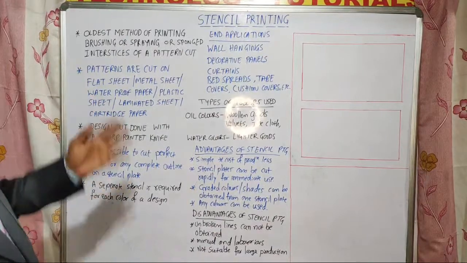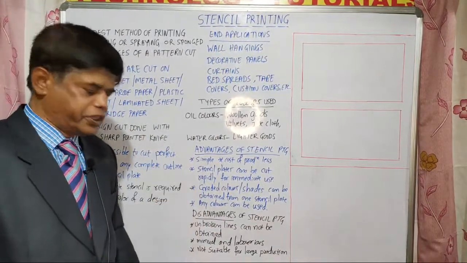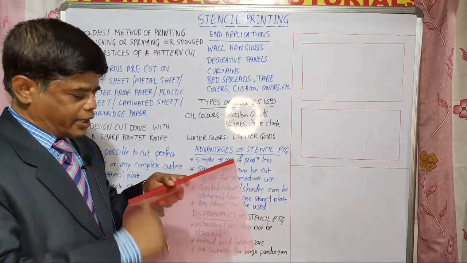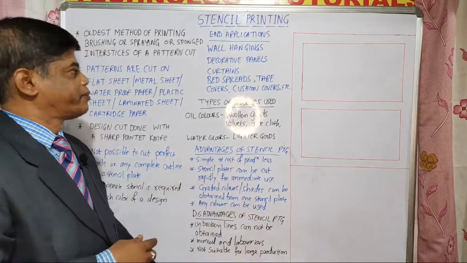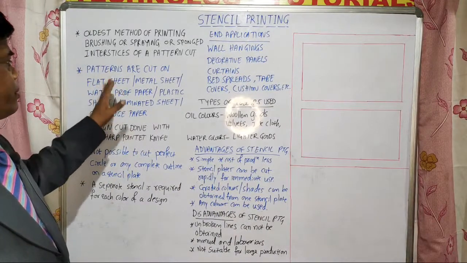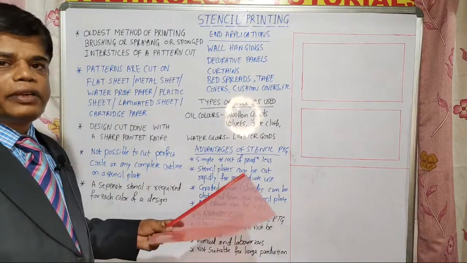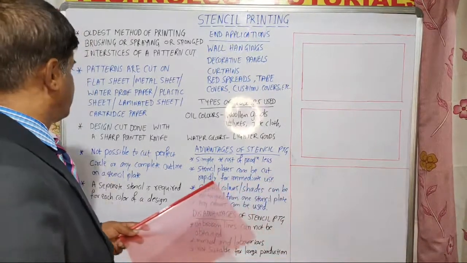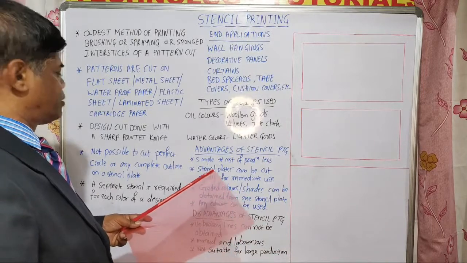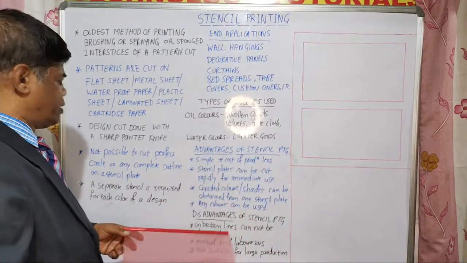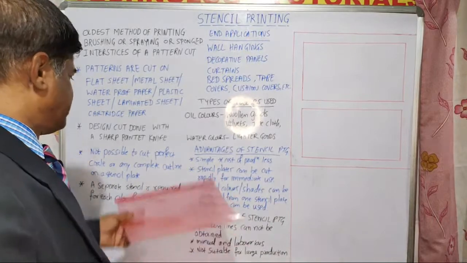Brushing and spraying: designs are carved by cutting on a thin sheet of paper, and brushing is done. Second, patterns are cut on a flat sheet, which may be a thin metal sheet, copper sheet, waterproof plastic sheet, or cartridge paper.